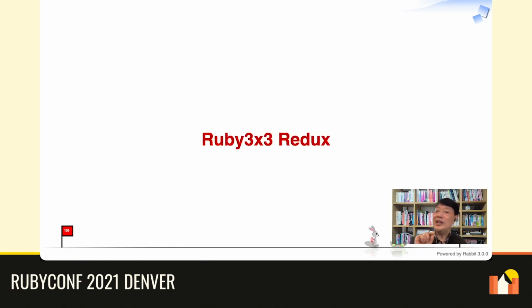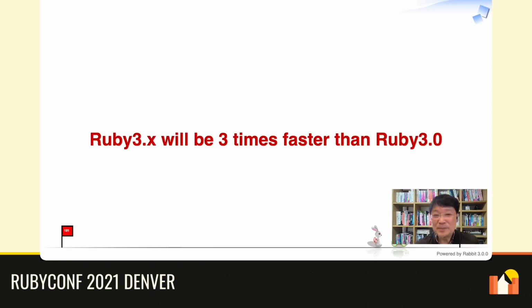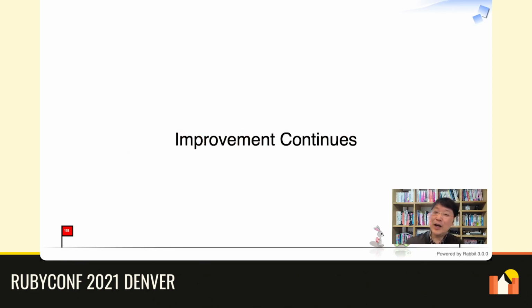But I declare a new goal, Ruby 3x3 redux. That means that Ruby 3.x will be 3 times faster than Ruby 3.0 in some benchmarks. Our improvement continues.